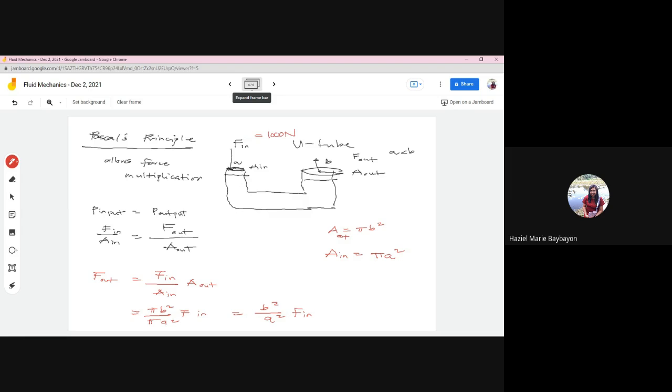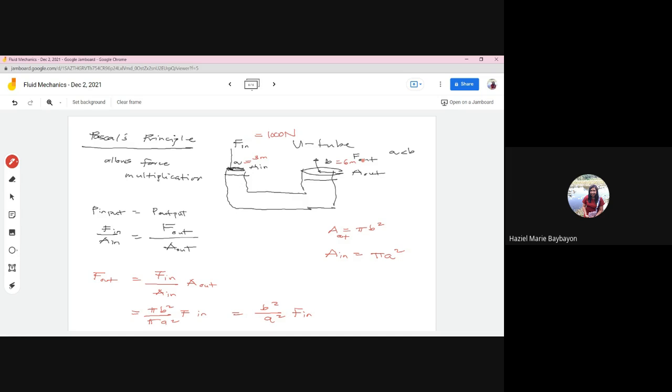So you only need to place a 100 kilogram object here to have an F input of 1,000 newtons. Then let us see what the F output is if A is equal to, for example, 3 meters and B is equal to 6 meters.